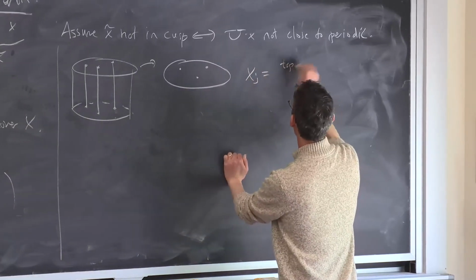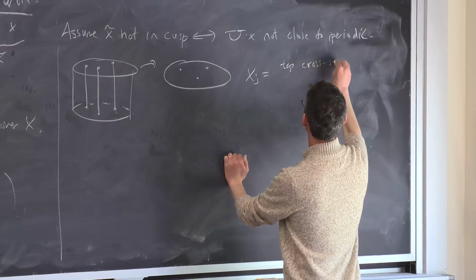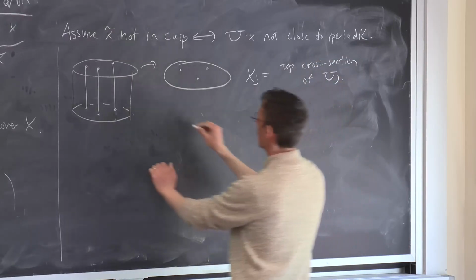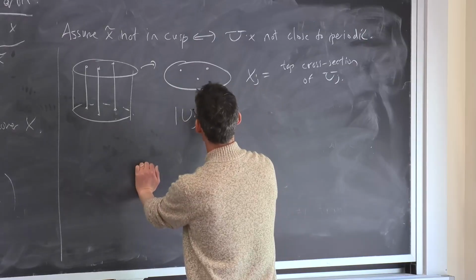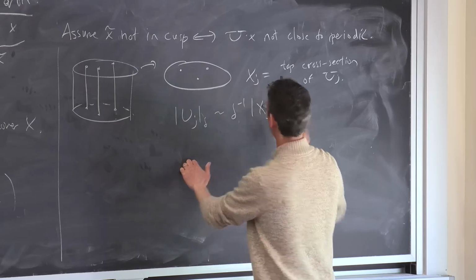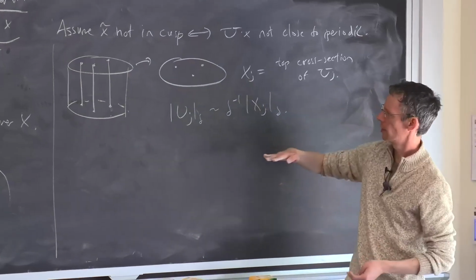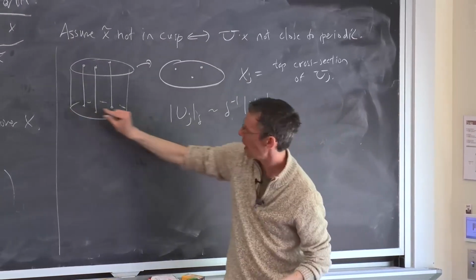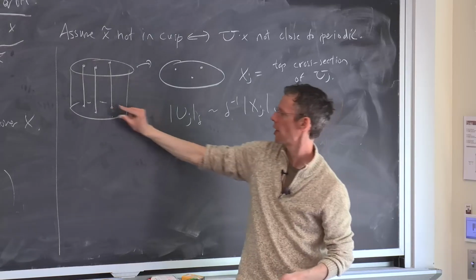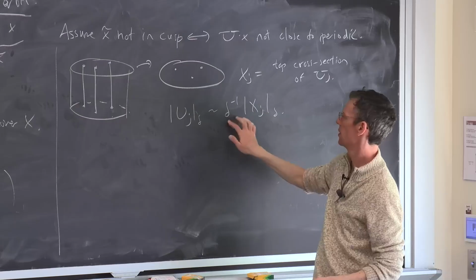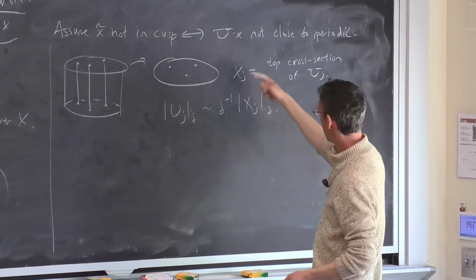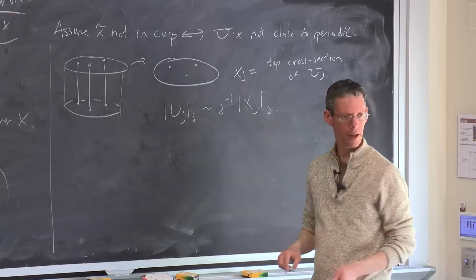That's the top cross-section of uj. And then it's not hard to check that uj delta is like delta inverse times xj delta. I have cut it into slabs of thickness delta. For each thickness, the number of delta balls that we need to cover that slab is xj delta, and this is the number of slabs. OK, so basically, we want to track how xj delta depends on delta.